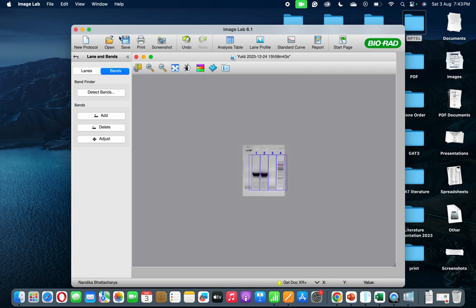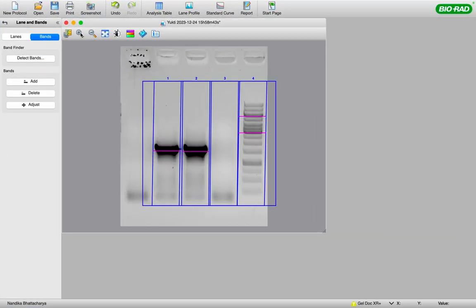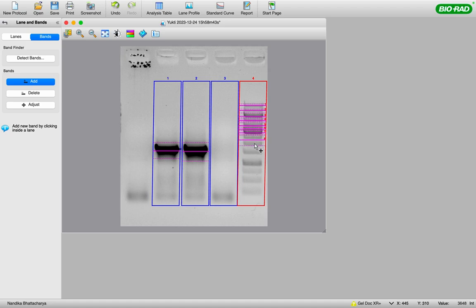Here you can see it's missed a lot of bands. It detected these two. So what I can do in this case is just add all the bands that it missed, because software isn't perfect. Sometimes the software is very far from perfect.